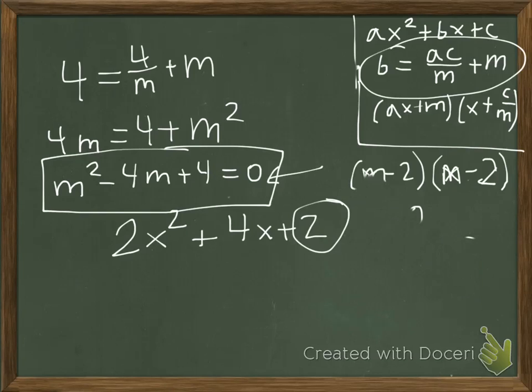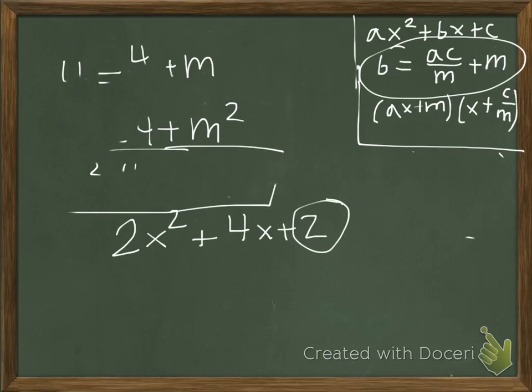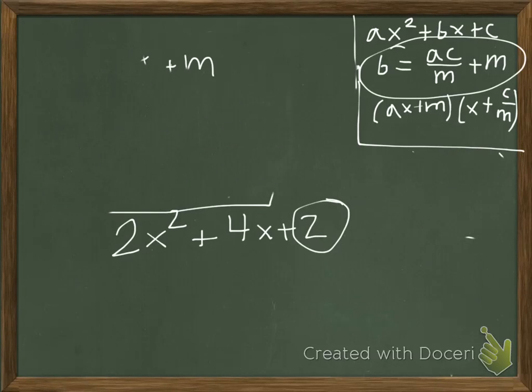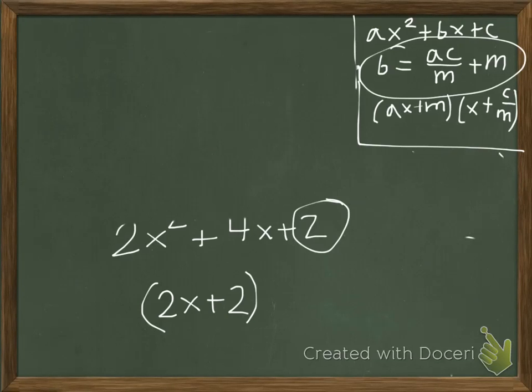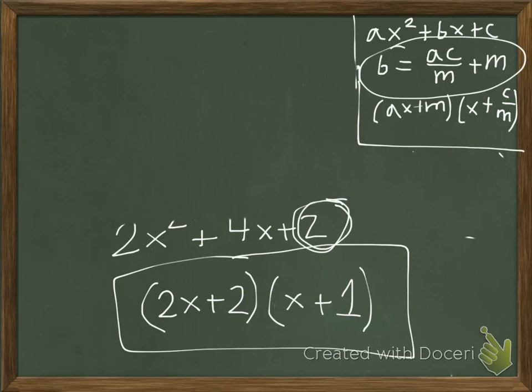So we have m equals 2. So that means the factored form of our quadratic is ax plus m times x plus c over m. So a is 2, so 2x plus 2, because 2 is m, times x plus c over m. c is 2, 2 over 2 is 1. So we get 2x plus 2 times x plus 1 as the factored form of our quadratic.